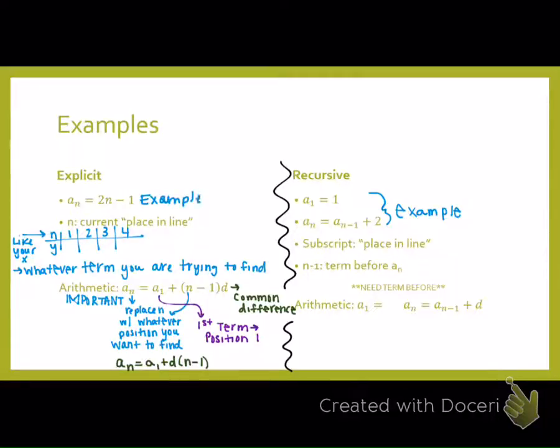So let's look at the actual formula. So a subscript is the place in line. The subscript in this case is your n value. So that's your place in line. And n minus 1 is the term before. So it's your previous term. So n minus 1 here means your previous term.